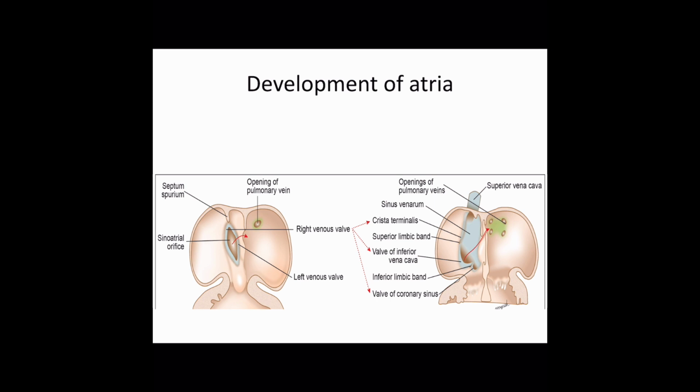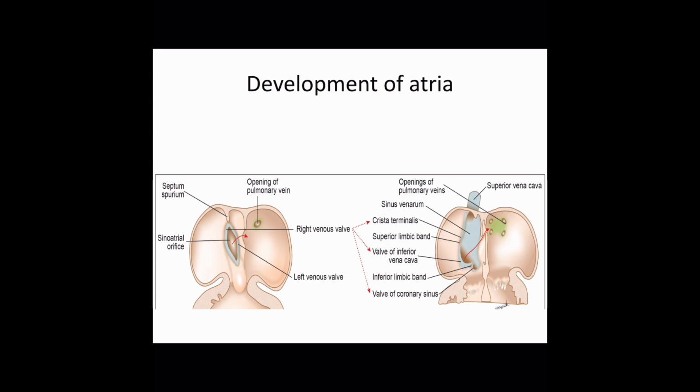Now development of atria. First about right atrium. The sinoatrial orifice we have discussed. Left horn merges with the interatrial septum, while the right horn will enlarge, and two bands will develop, superior and inferior.